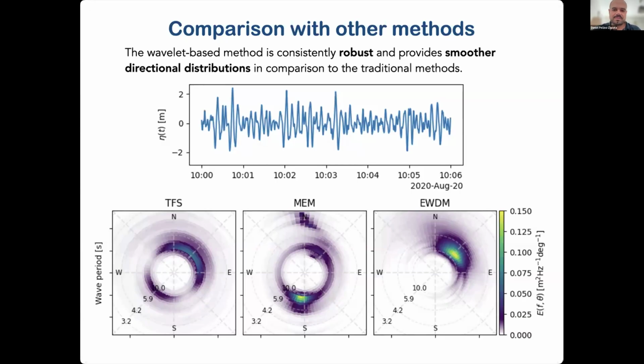Well, obviously, I'm showing only the bad results of maximum entropy. Maximum entropy has been seen as one of the best methods to resolve the spectrum, but the problem is that it's not too stable. So it can give a very good estimation sometimes, but it's very sensitive to the data.